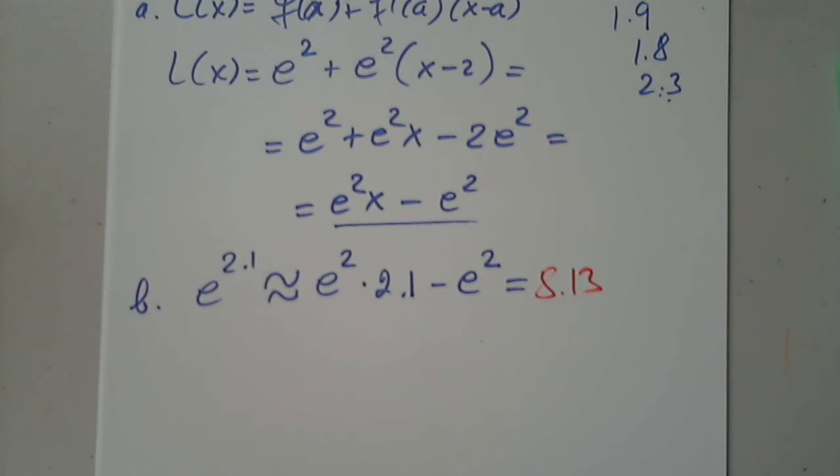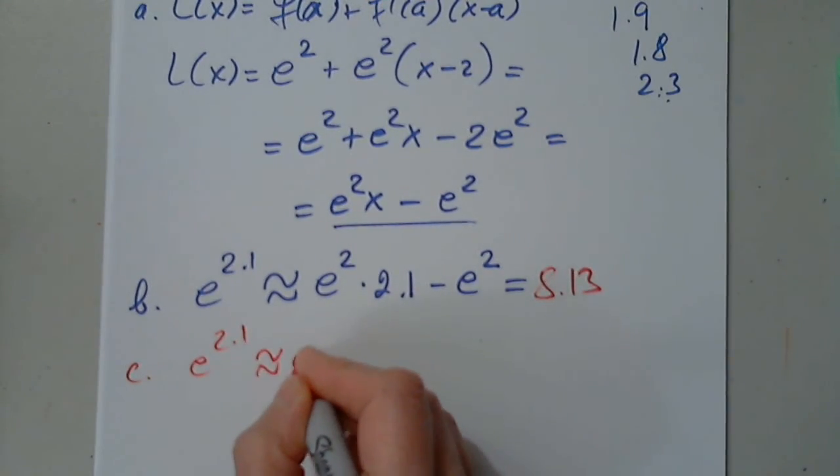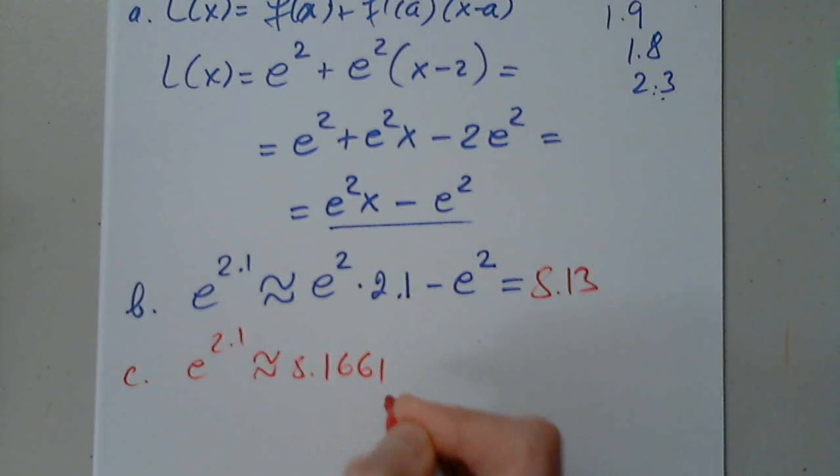And now they want us to use this and put 2.1 in it. Brilliant, right? Very close, really close. So in part C, e to 2.1 is approximately 8.1661.